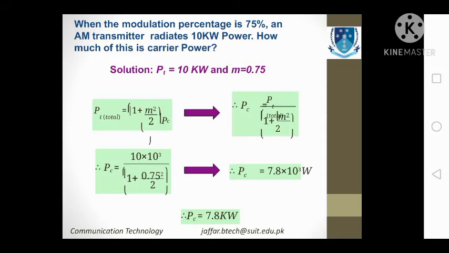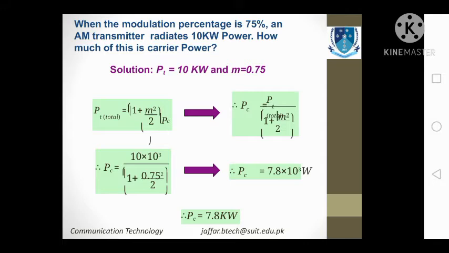You know that there are three portions when you talk about an amplitude modulation wave. The first is the lower side band, the upper side band, and there is a center thing that is known as the carrier. So how much of that 10 kilowatt of power is consumed by all of these three things? The examiner has asked how much power only the carrier, the center thing, consumes.